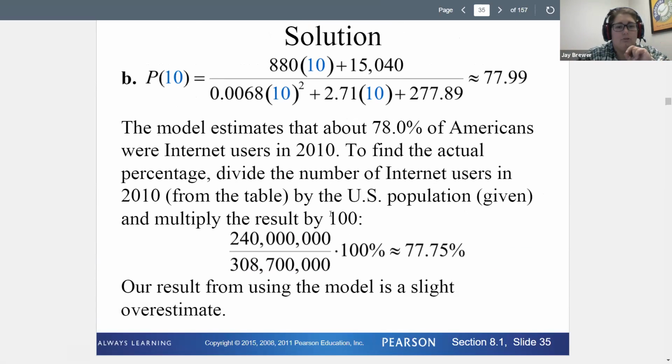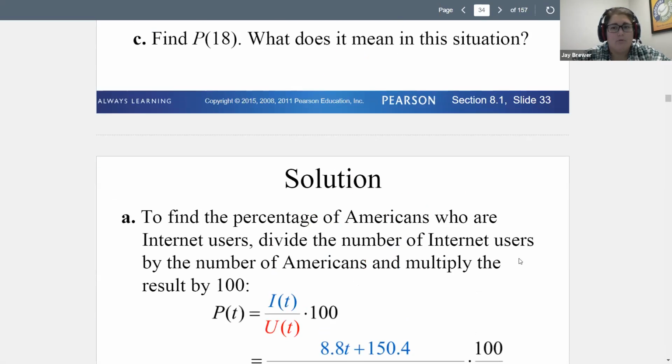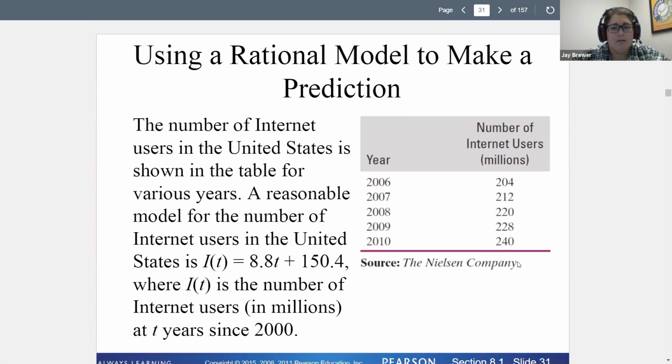The second thing to take away from this is notice that it wants you to describe your error, because it wants you to look at what they give you in the table. So if we go back to the table, here's 2010, and then here's the internet users in millions. So you have to remember that they're in millions, for one. And for two, this is actual data.